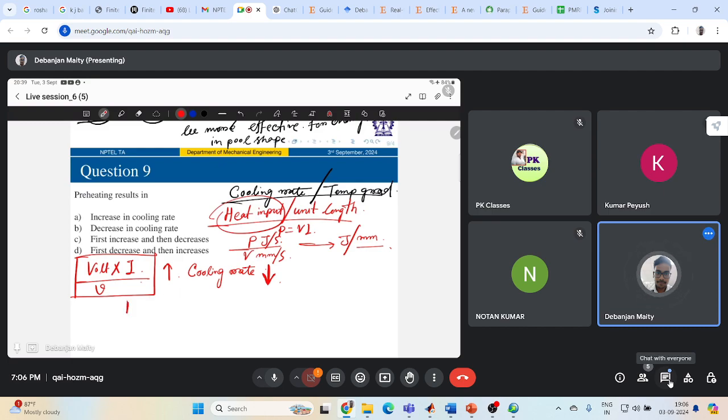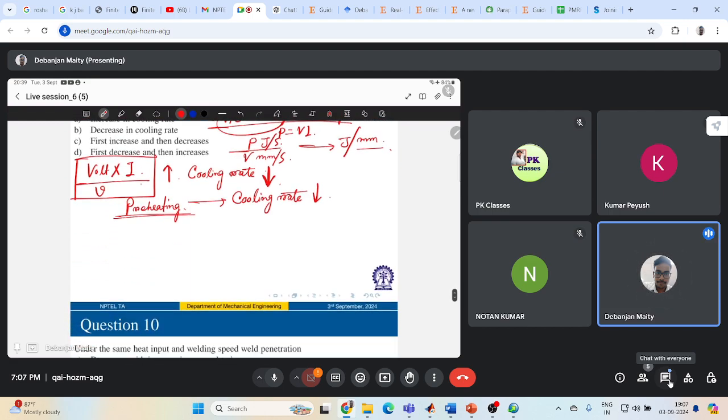If you do some kind of preheating of the metal, then also your cooling rate will decrease. Can you tell me fundamentally, without going into the mathematical aspect, why because of preheating my cooling rate is decreasing?